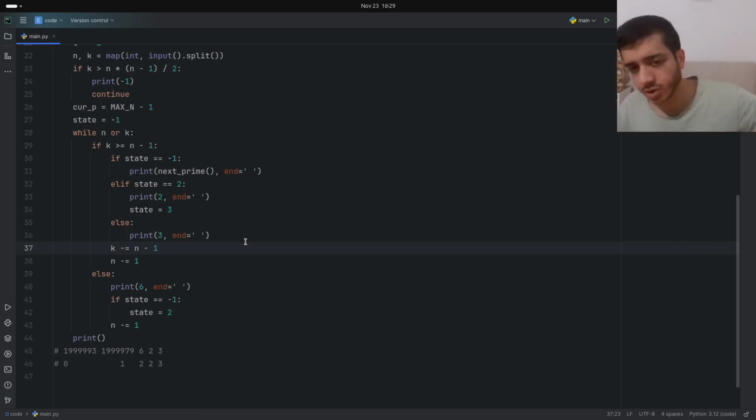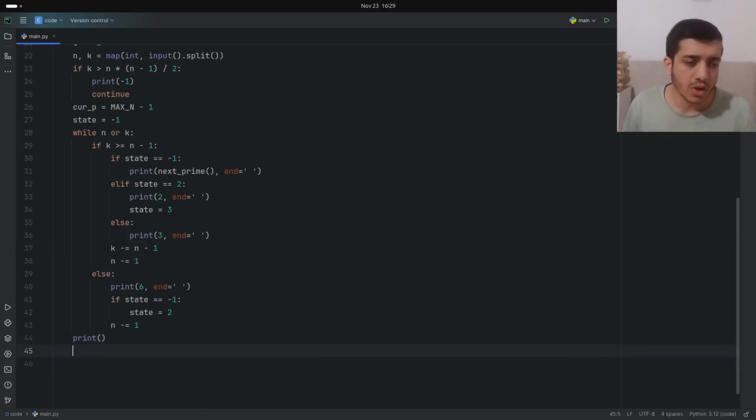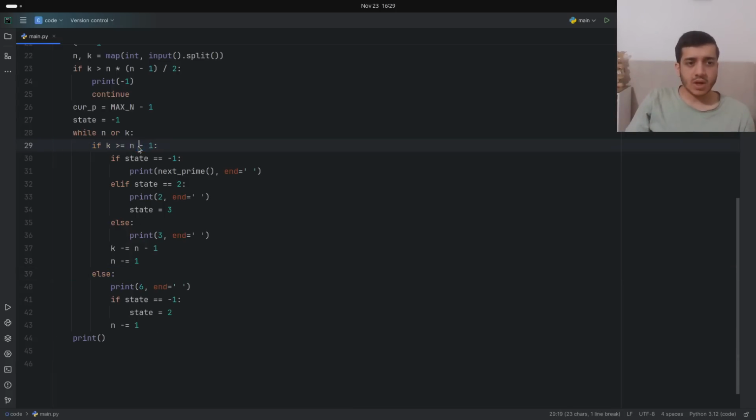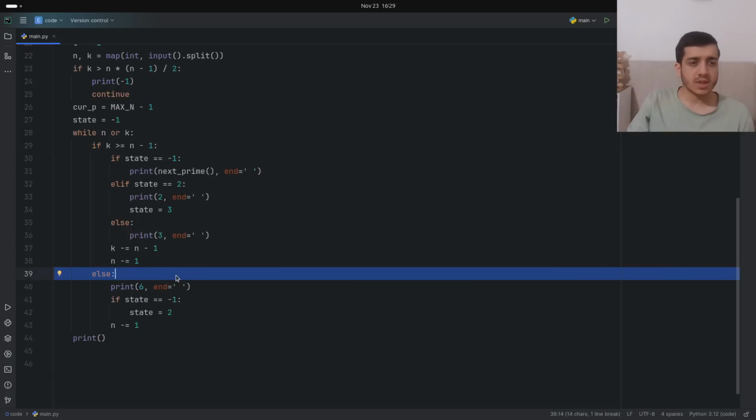So let me explain my idea. We go from left to right. There are 2 cases. This case or this case. I name this case pick all and this case skip.